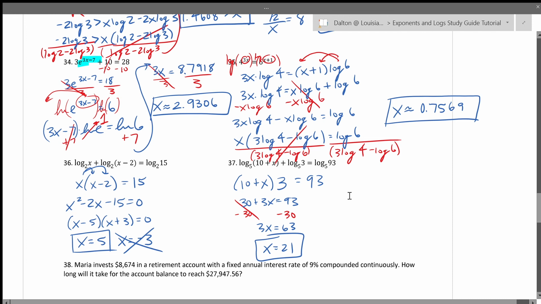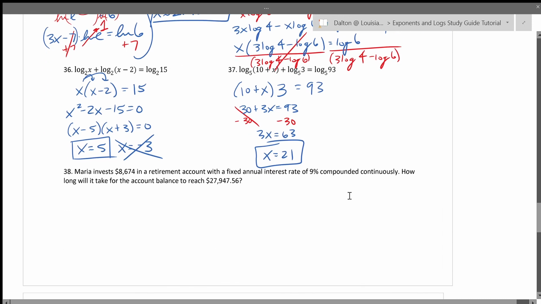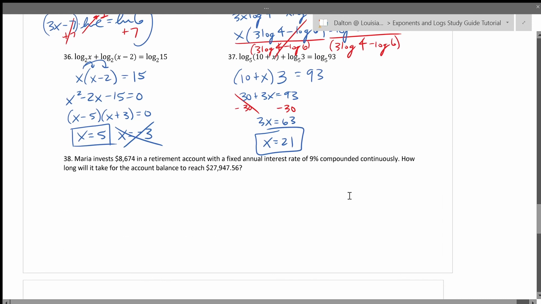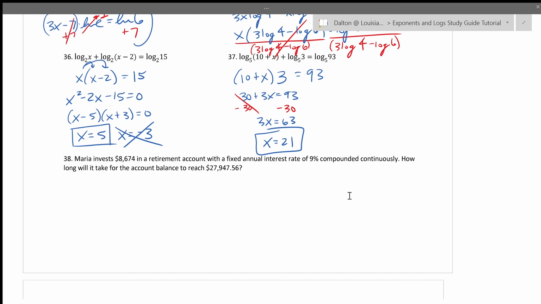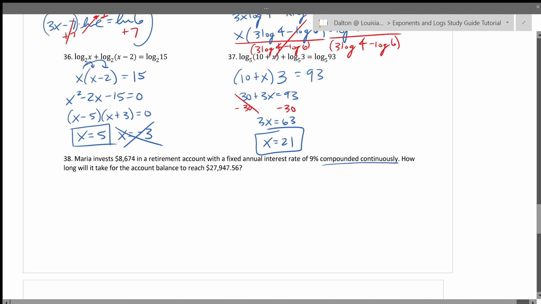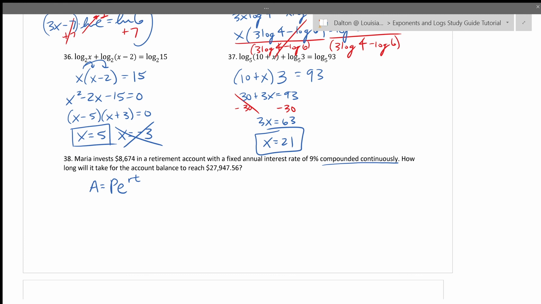Number 38, Maria invests $8,674 in a retirement account with a fixed annual interest rate of 9% compounded continuously. That triggers which formula you should use. Continuous compounding uses the formula A equals P times e to the rt power. How long will it take for the account balance to reach $27,947.56?